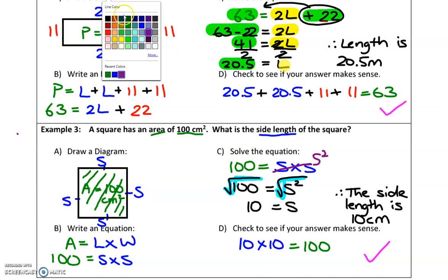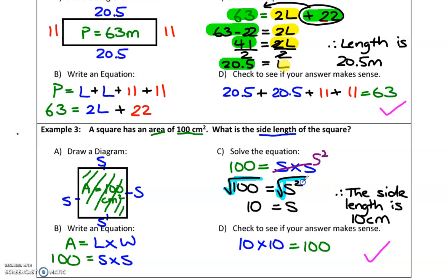And so when we do the opposite of this with the square root, you're going to be left with just the S by itself. Now if you do a square root on your calculator, a square root basically means what number times itself will give you 100. And so you'll get the answer 10, because 10 times itself will give you 100. And that means that the side length is 10 centimeters.